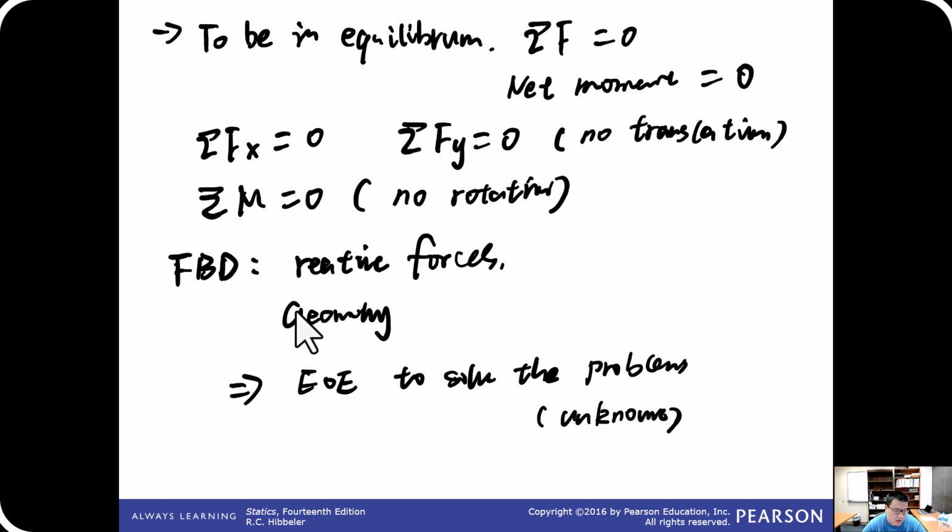For the rigid body, we have three equations of equilibrium, which means we can solve at a maximum three unknowns. Okay, please keep this in mind.